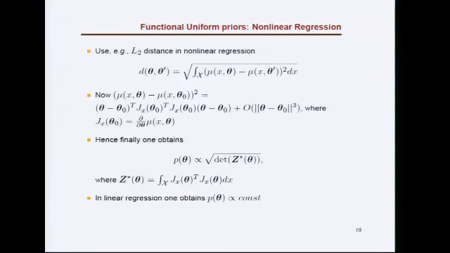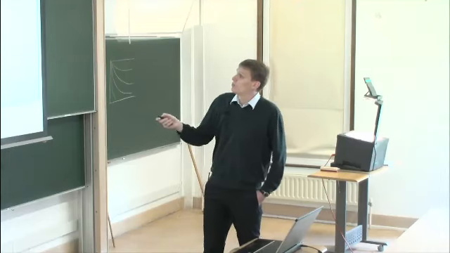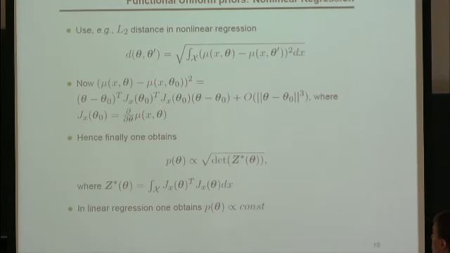Now, in the case of nonlinear regression, as I said, one reasonable distance is just this L2 distance, and by making a local linear approximation, you can approximate it by this type of formula, and then finally obtain a formula for the uniform distribution: the square root of the determinant of this matrix Z star, where Z star is the integral of this.